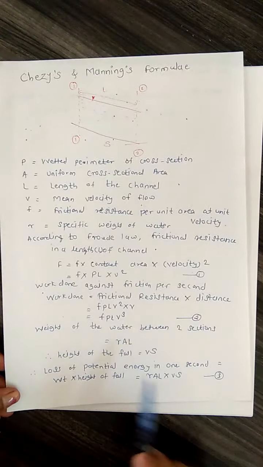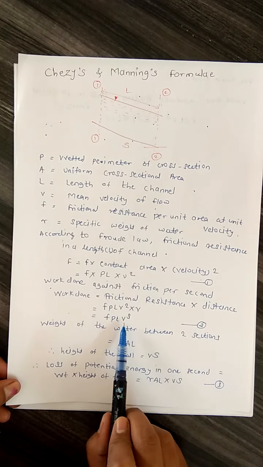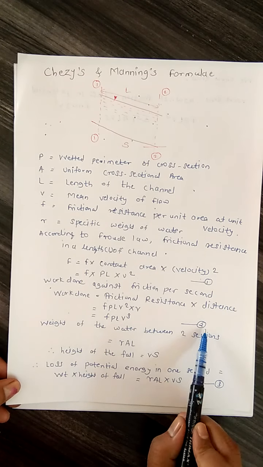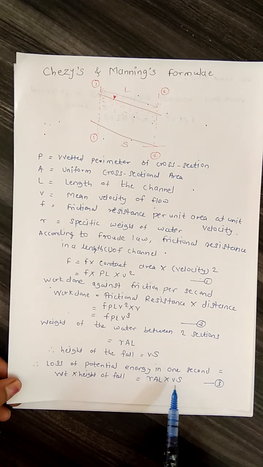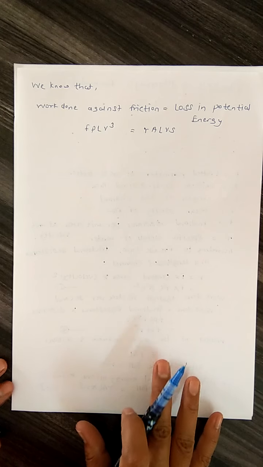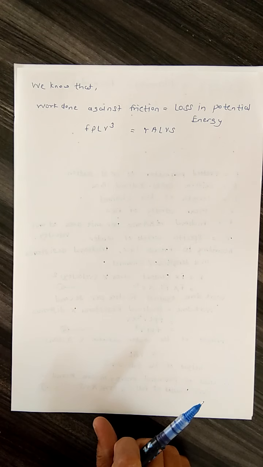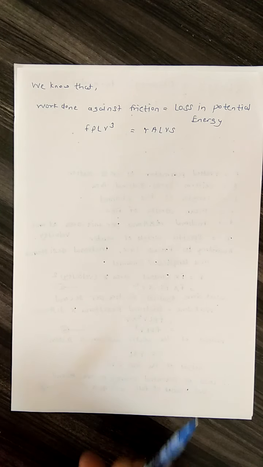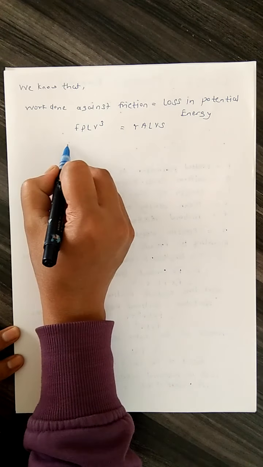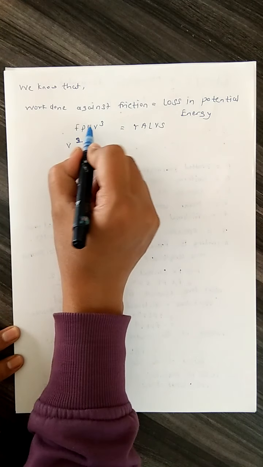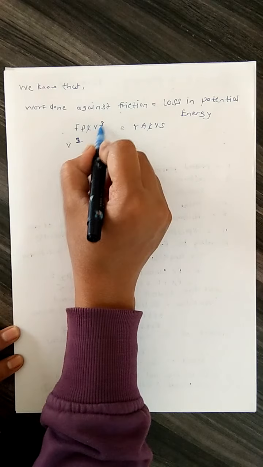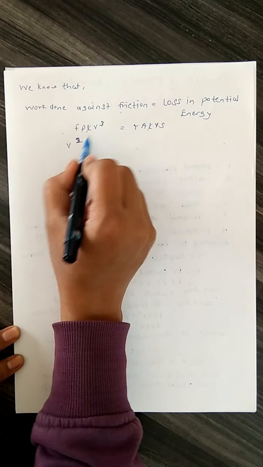Equating these two equations, we get L and L cancelled, one V cancelled. So here is V square.